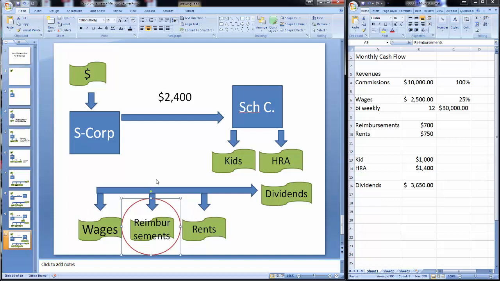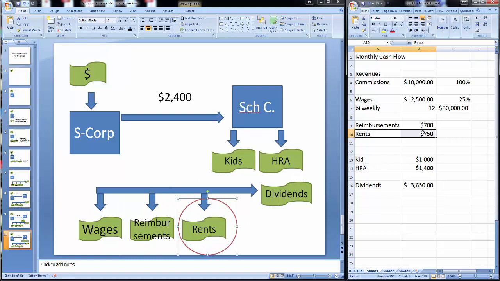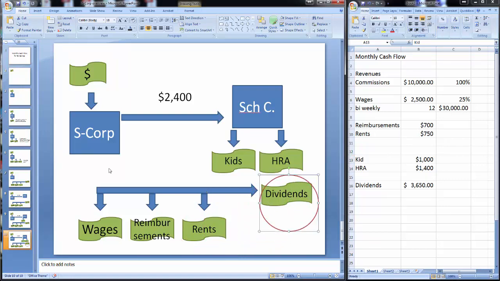You're going to reimburse yourself as the employee for the business using your personal items. The next check, rents. What's rents? The 14-day Augusta rule. Now what's going to be left over is going to go to your dividends, right? So in this case, what do we say? We said this was.